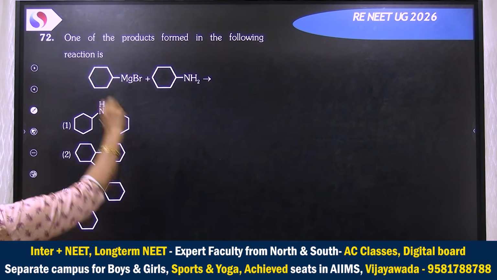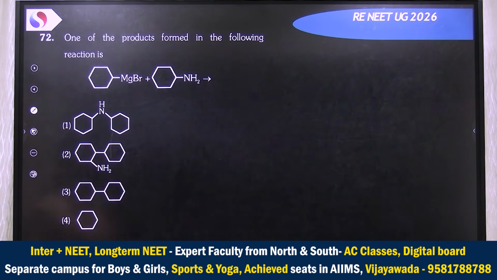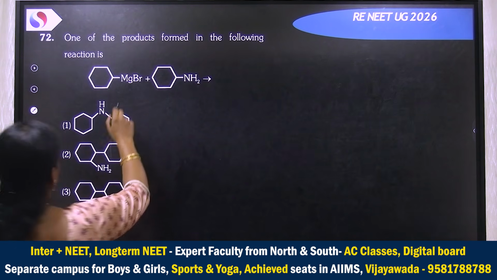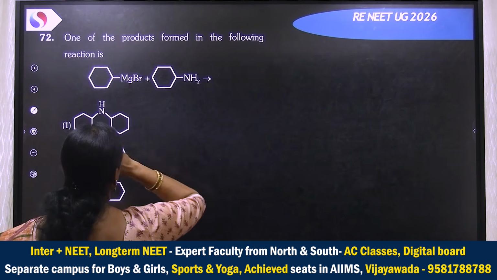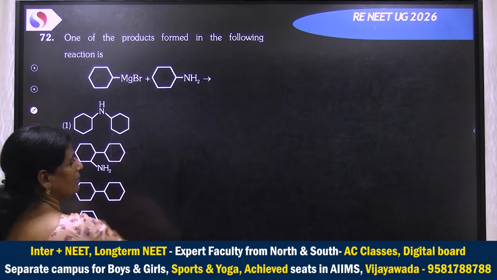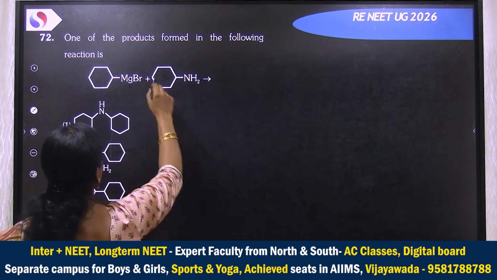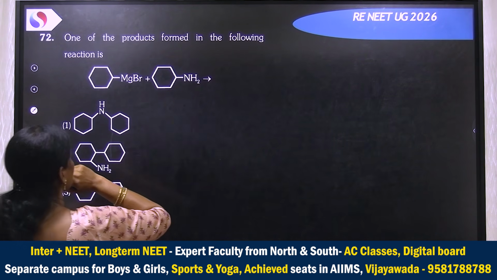And next one, it is the property of Grignard reagents. One of the products formed in the following reaction is. So it is Grignard reagent and it is aliphatic primary amine, cyclic amine. Ring NH2 group, it is attached to ring.